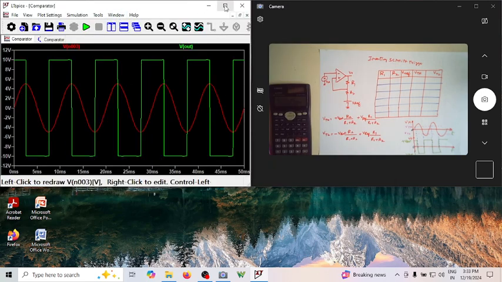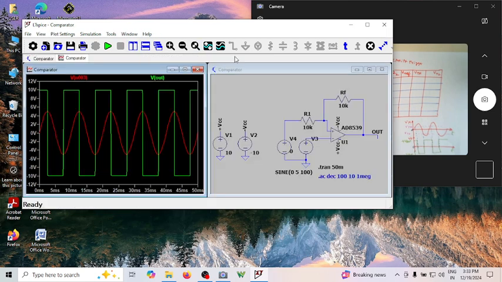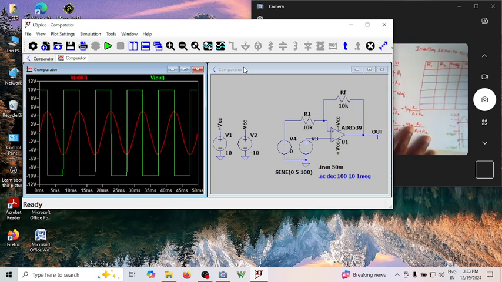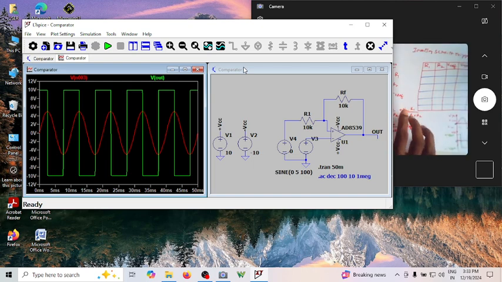So now when the input voltage is increasing, as per our circuit, what is the expected VTH, VTL? So we know the expression for VTH, VTL, which is this. So since I'm taking it as 10k, 10k, the VTH, VTL happens to be exactly 5 volts, correct? It's exactly 5 volt. So that's why when the input voltage is reaching plus 5, it is making a transition.